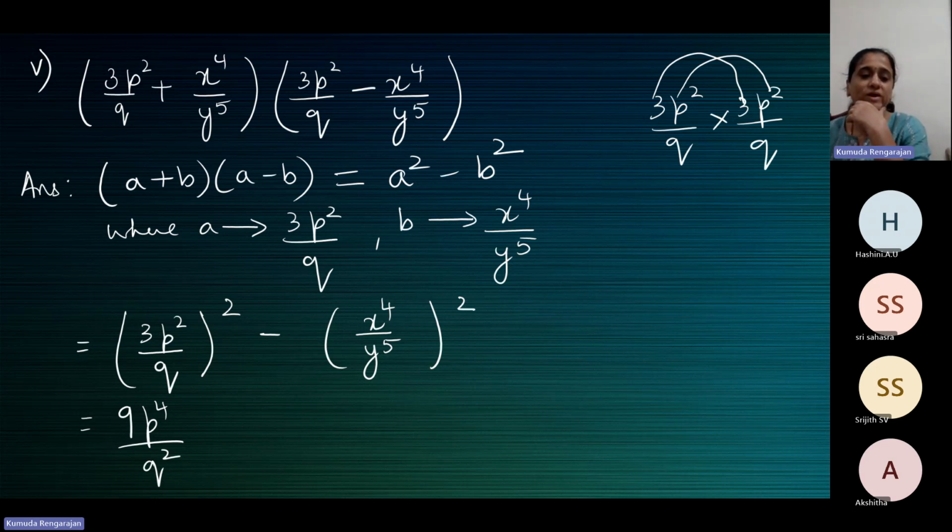P squared, the whole squared, p to the power 4. Q is in the denominator, so q the whole square is q squared. Minus x to the power 4, the whole squared, x to the power 8, by y to the power 10. 5, the whole squared, y to the power 10.